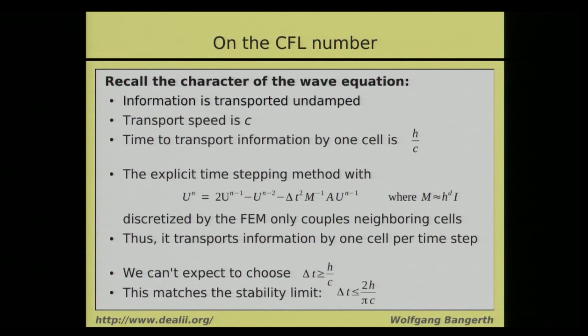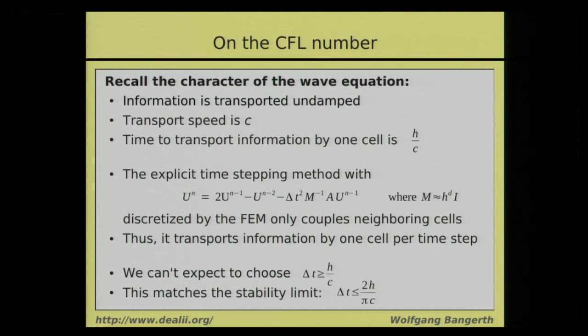And that, of course, does not match the physical intuition that we have, because there the influence does depend on the amount of time that has passed. So I cannot expect to take time steps that are much larger than h over c just for accuracy reasons. I will get something that is stable but entirely wrong.